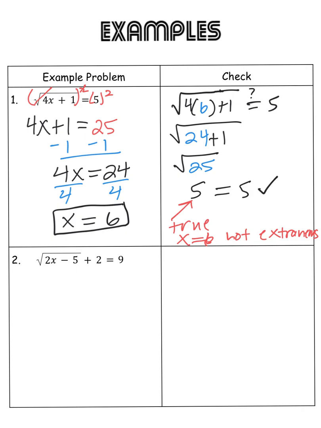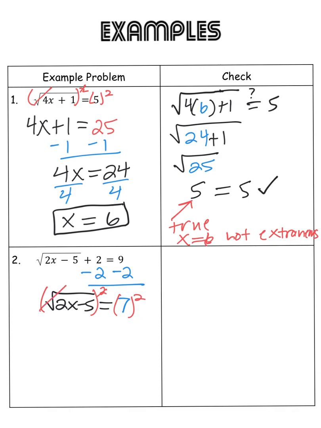The first thing I'm going to do is subtract 2. So now I have the square root of 2x minus 5 is equal to 9 minus 2, which is 7. Now that the square root is all by itself, now we can go ahead and get rid of it. So now I'm going to square both sides.